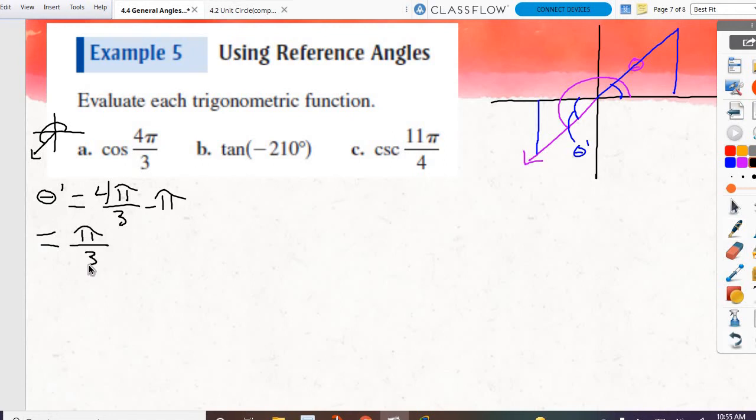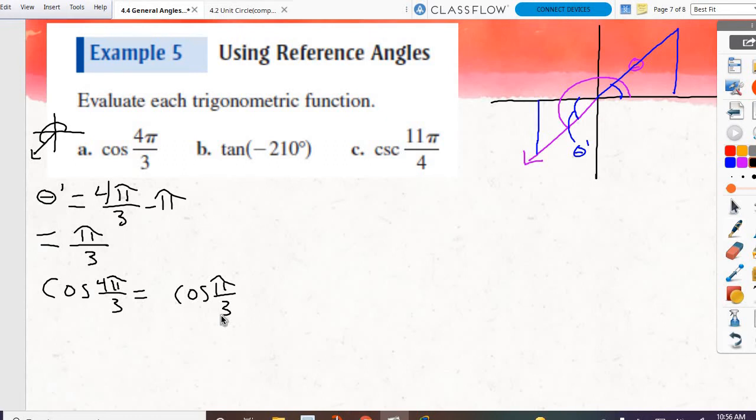Pi over 3. What do we notice about the numerator of our original and the numerator of our reference angle? This tells us that my cosine of 4 pi over 3 would have the same triangle as my cosine of pi over 3. Well, if it's the same triangle, then the value is the same. Agreed?